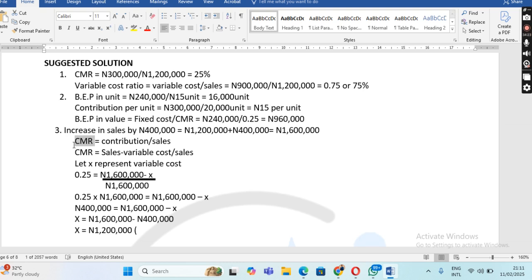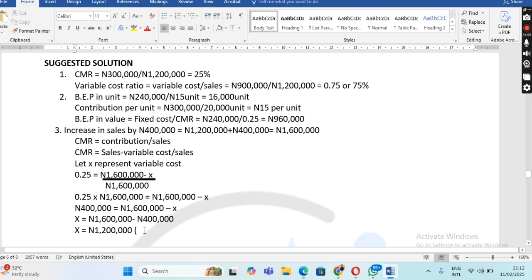You use contribution divided by sales. When you want to get your contribution, you use sales minus your variable cost, which means that in the calculation of your contribution margin ratio, your variable cost is inclusive. So you don't need it, or you use the variable cost ratio to get your variable cost.